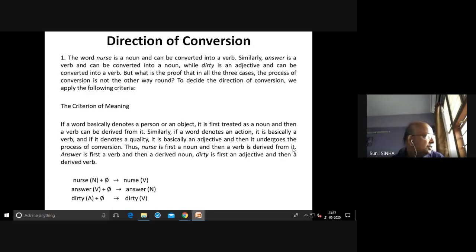The direction of conversion in answer is from verb to noun. And the direction of conversion in dirty is from adjective to verb. Because basically nurse is a noun, answer is a verb, and dirty is an adjective. That is the criterion of meaning, which shows or proves the direction of conversion.